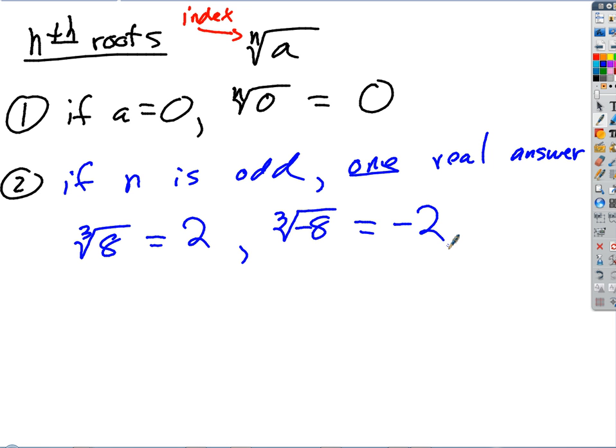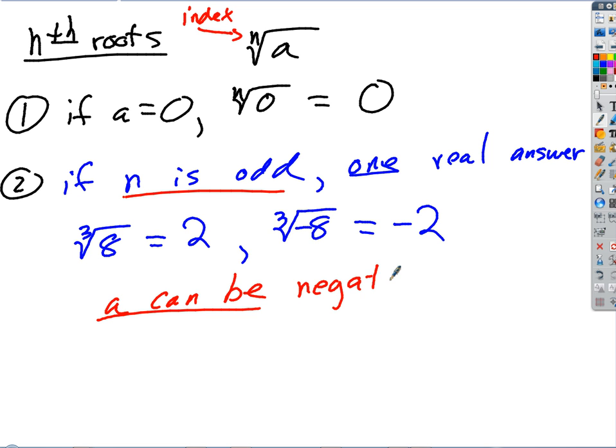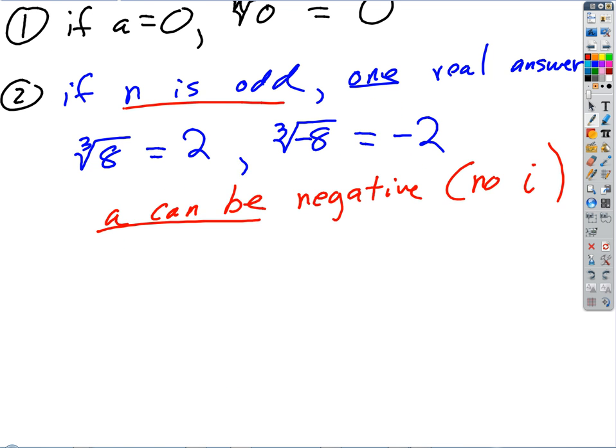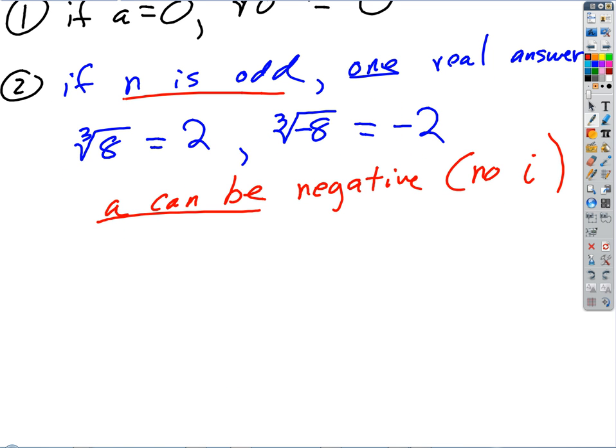It only applies if the index is even. If it's odd, a could be anything. That's really important, so we add a little note here: if n is odd, then a can be negative. There's no i involved. That's probably good news, and those kinds are simple to deal with. If n is odd, we're fans of those.